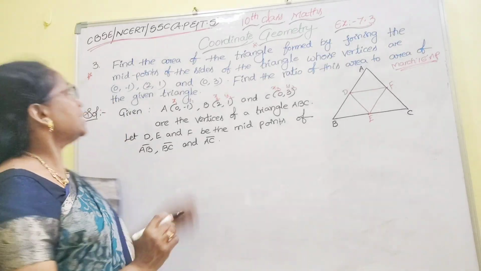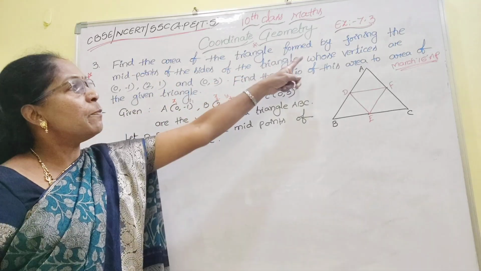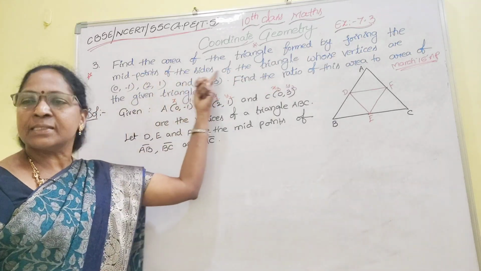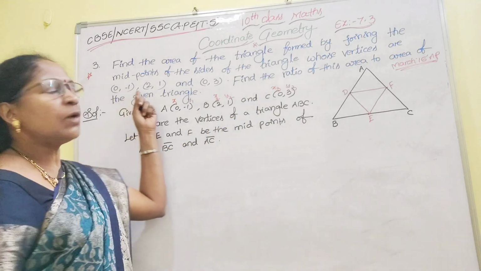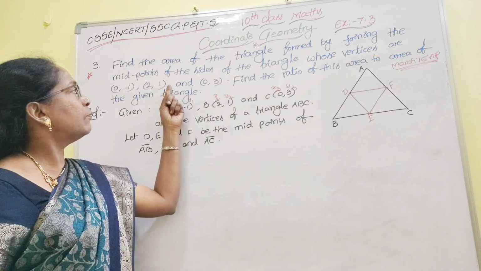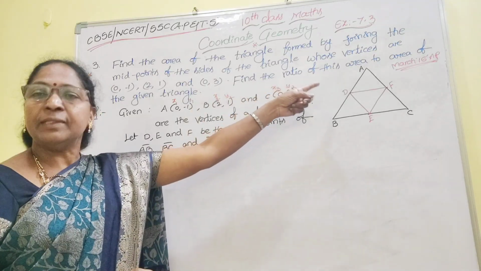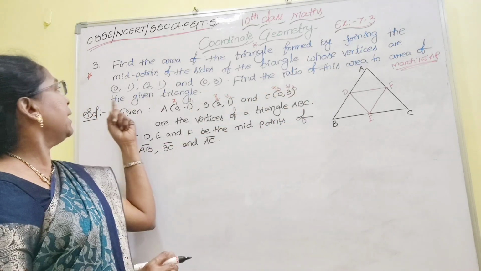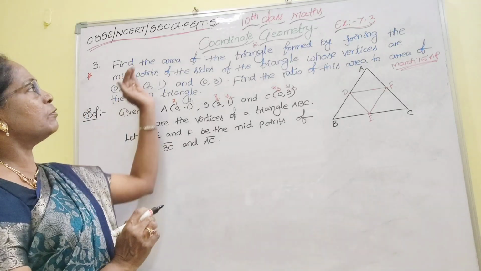In this exercise, the third one: find the area of the triangle formed by joining the midpoints of the sides of the triangle whose vertices are (0, minus 1), (2, 1) and (0, 3). Then find the ratio of this area to the area of the given triangle. That is the question. That means what you have to find out?